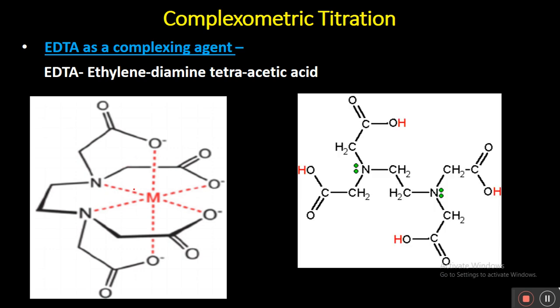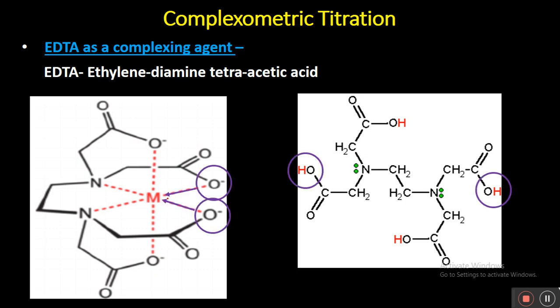Now how is this formed? So look here, these two nitrogens donate two lone pairs of electrons. Now these two oxygens donate two lone pairs of electrons, and the remaining two oxygens donate two lone pairs of electrons.